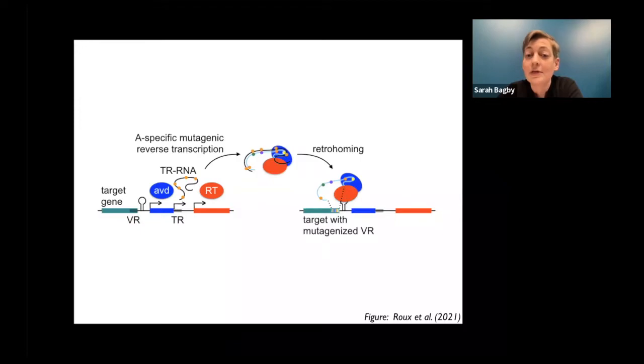So now we have this new DNA molecule. What happens next is that the reverse transcriptase and the accessory protein together carry that molecule over to the target gene and splice this new DNA into the target gene, replacing the original sequence. And so we've massively mutagenized just one section of this one target gene.